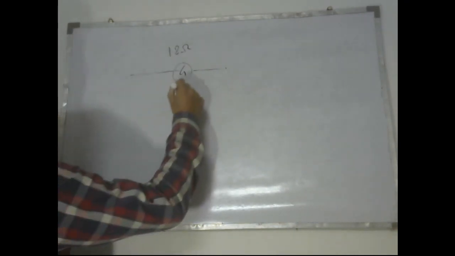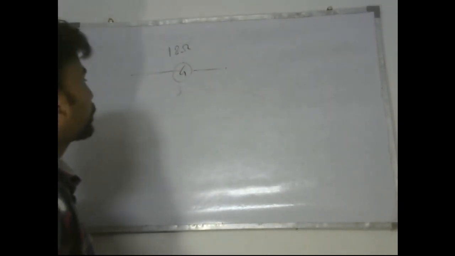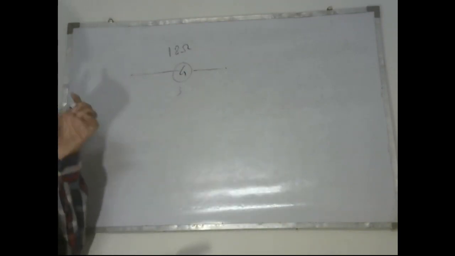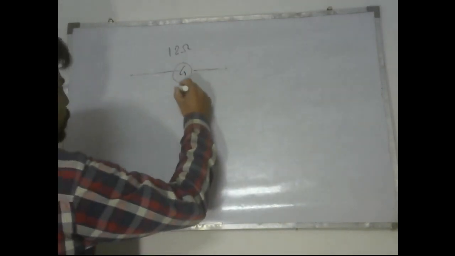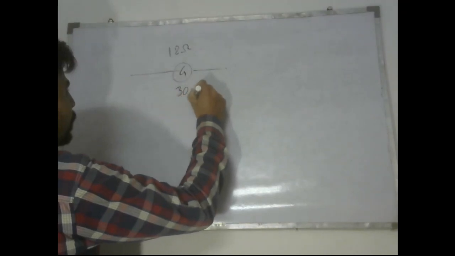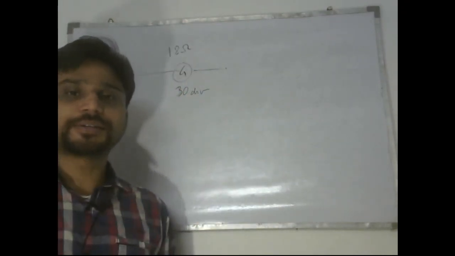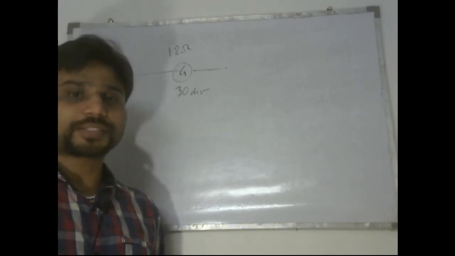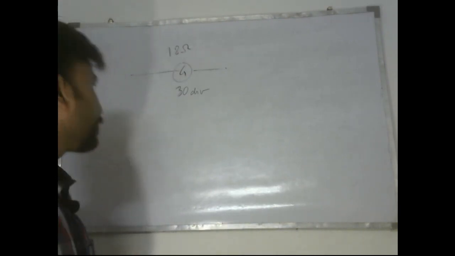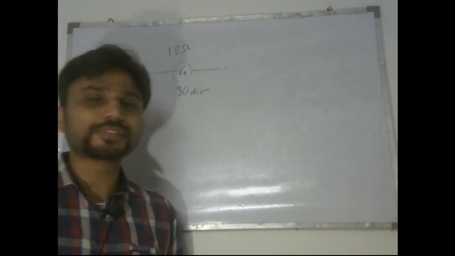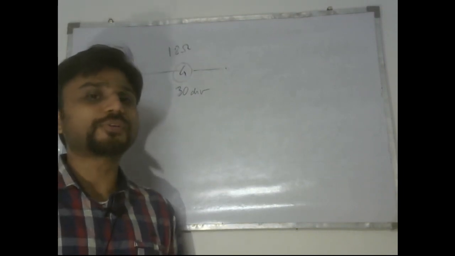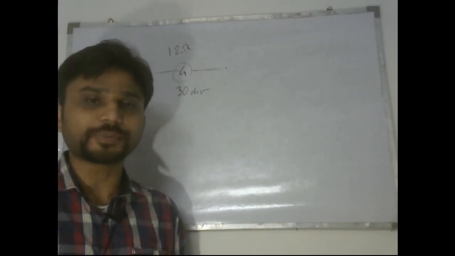So what is happening is that the divisions by which the galvanometer has deflected upon passing some current through it is 30 divisions. Since we do not know whether it is a full scale deflection or not, we do not know how much current is passing.